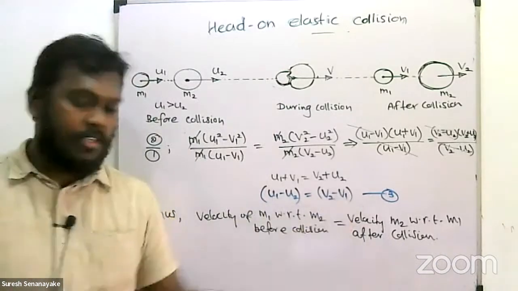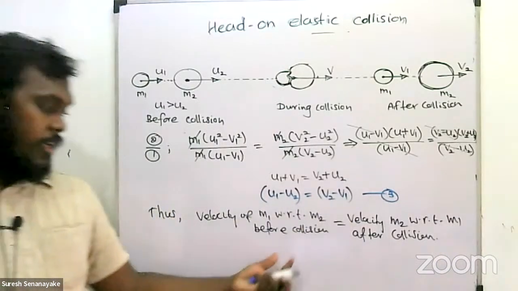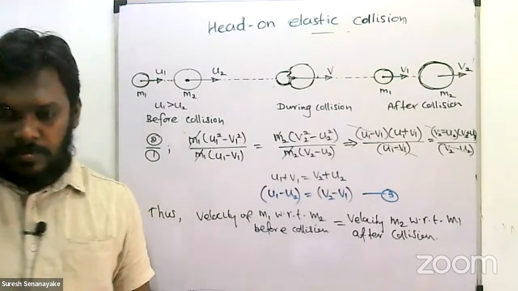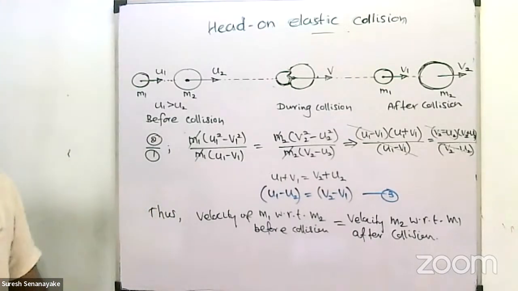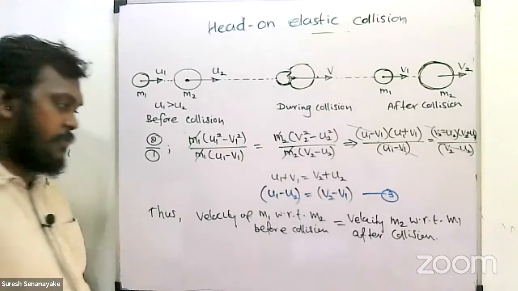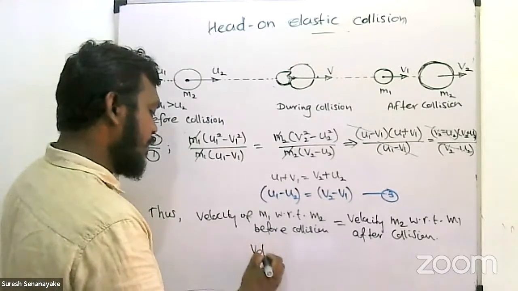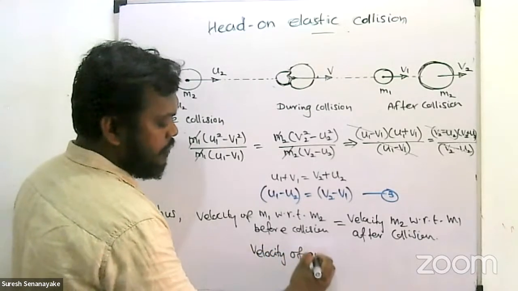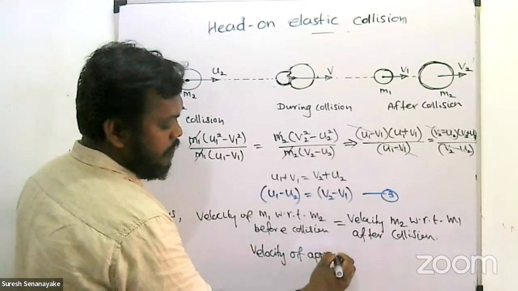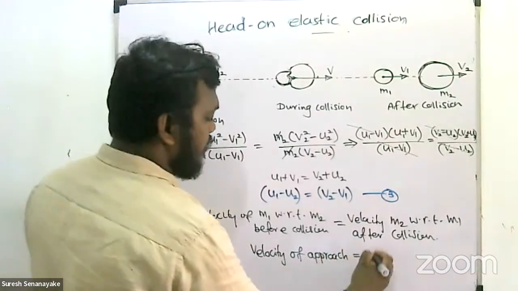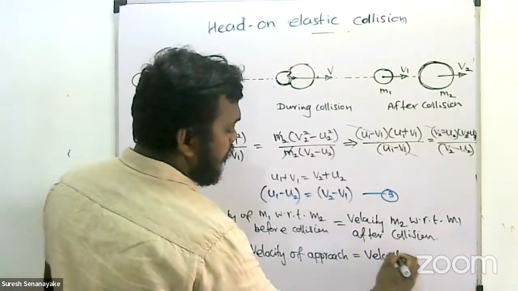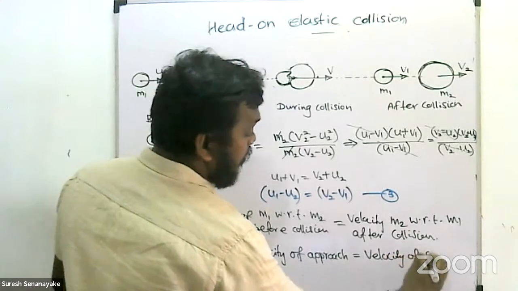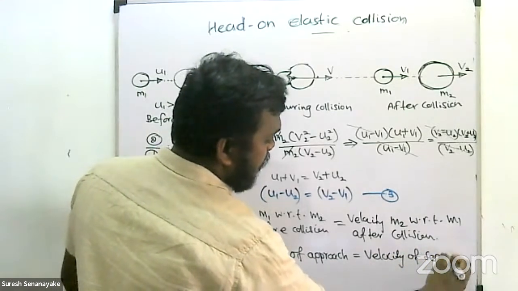This third relation is interpreted like this, right? It means the velocity of approach equals the velocity of separation.